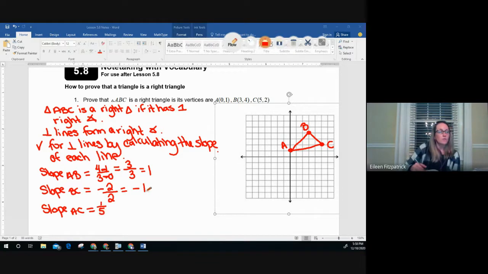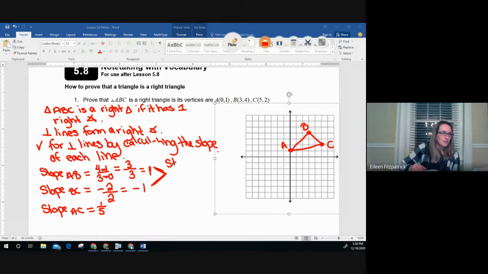So any opposite reciprocal slopes? We do. These are opposite reciprocals. You could write 1 as 1 over 1, and then the reciprocal of that is 1 over 1, and opposite meaning opposite sign. So they are opposite reciprocals. That means that line AB is perpendicular to line BC.